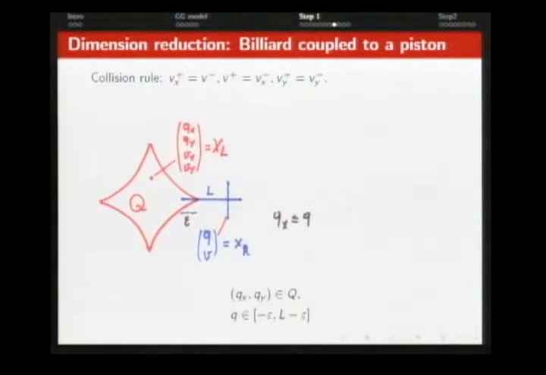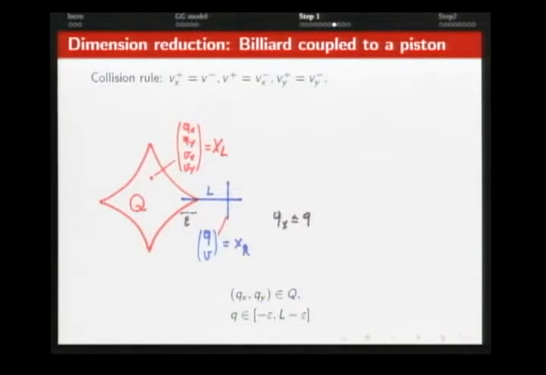Now we forget about hyperbolic geometry. This is a regular dispersing billiard in 2 dimensions. This is the billiard domain, Q. And for the other particle, you take the position. It's 1-dimensional, a sort of piston. The particle moves along this interval, and the particle is a stick. And in this billiard, you have a point particle.